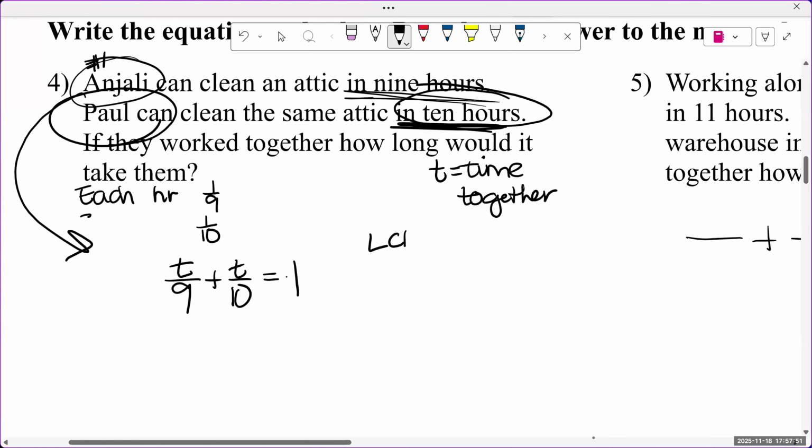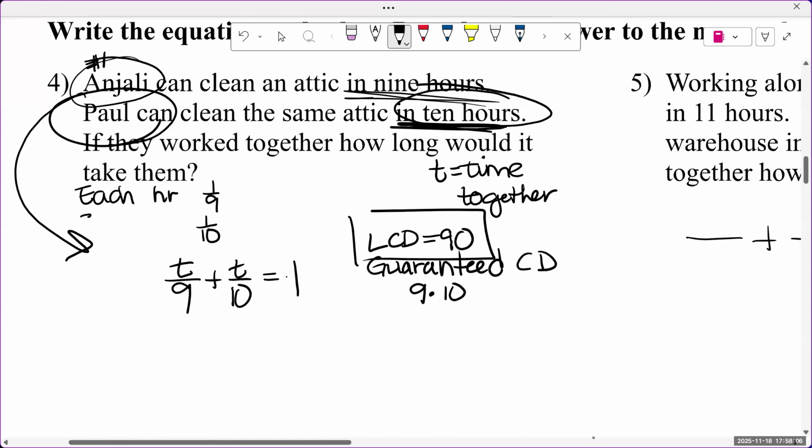Instead, we're just going to get the guaranteed common denominator. So we're going to multiply 9 times 10 together. We're going to call it the LCD, and we're going to do the same thing, but it might not be the lowest. So take the 90 and multiply it by everything on the left and everything on the right.